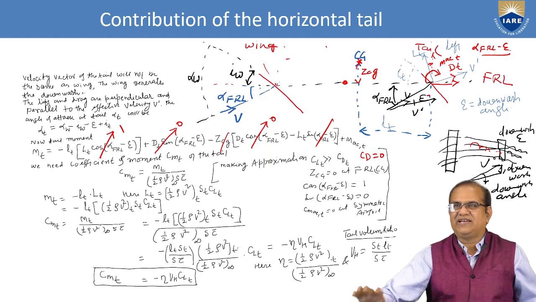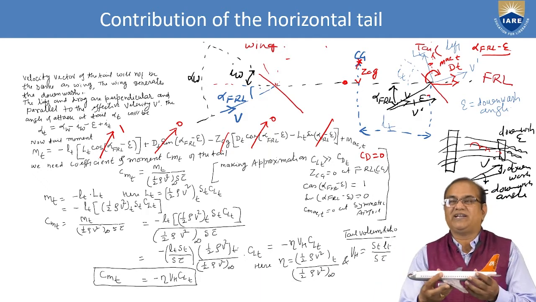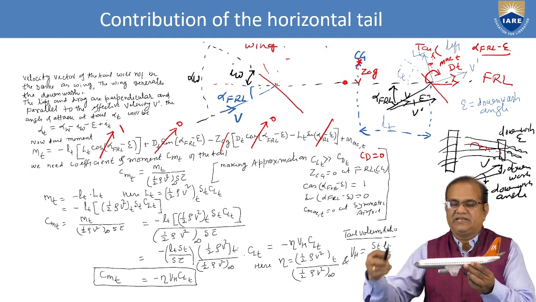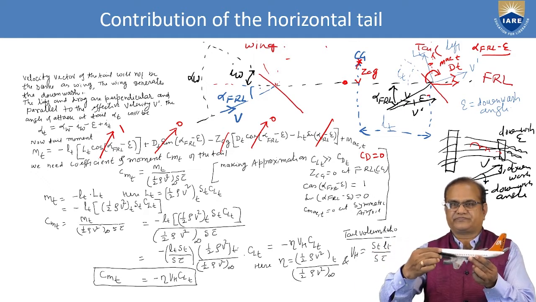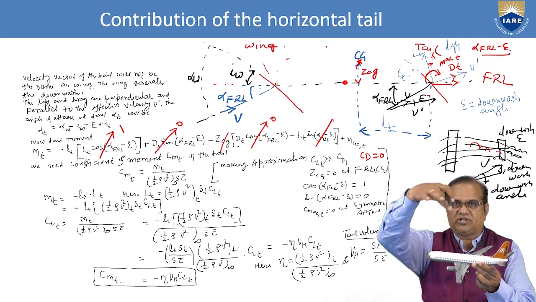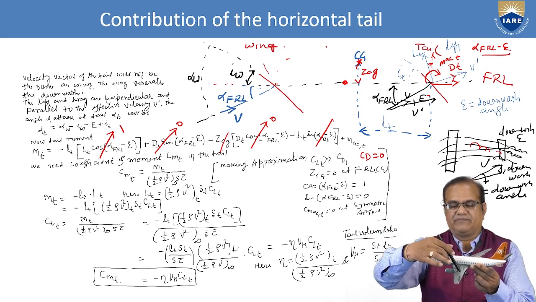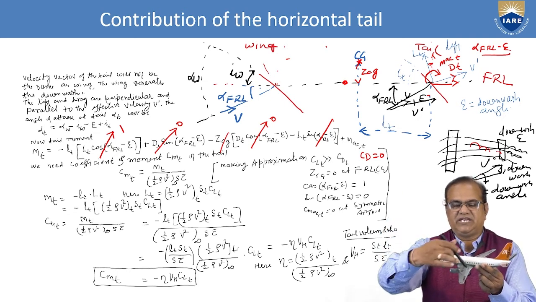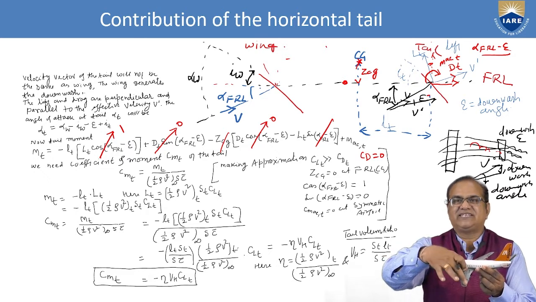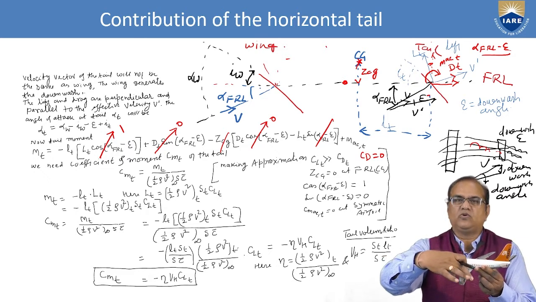Okay, so if I want to express the meaning of tail volume ratio, this is the wing here. This wing has got an area, and if you see from the top, you will get this area. So this B into C, or you can take the average C, and this is the span into area.